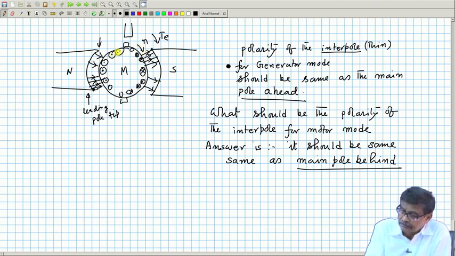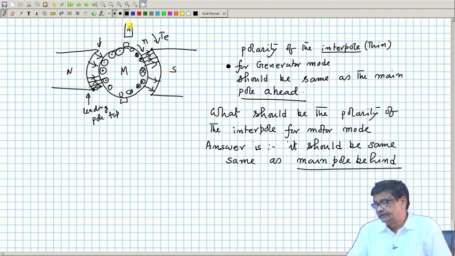This coil, suppose, is moving and has to pass through this q axis, and I know there will be a field existing here, even if you use a compensating coil, some flux will be there along the quadrature axis. But the question is, what should be the polarity of the interpole? It should be the same as the main pole behind, that is, the north pole. Got the point?